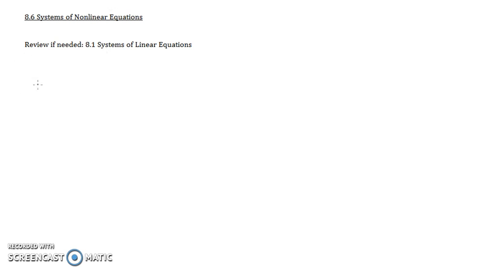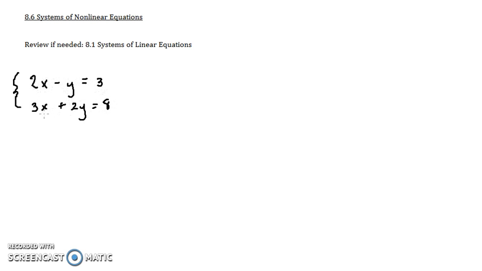Okay, so let's start with linear equations. Let's say we have 2x minus y equals 3 and 3x plus 2y equals 8. You should have seen something like this before. This is called a system of equations because we've got two equations that describe some sort of scenario.